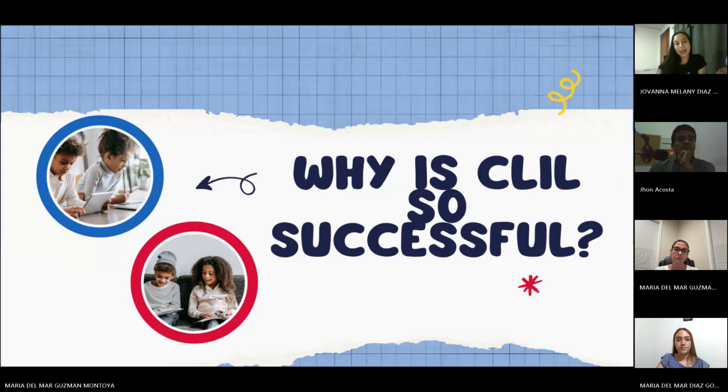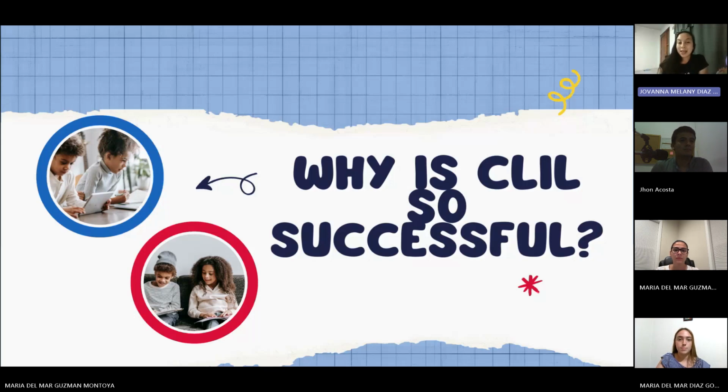Third, CLIL promotes the application of thinking skills. Students are comparing, evaluating, and creating knowledge. This is an example of hands-on teaching.